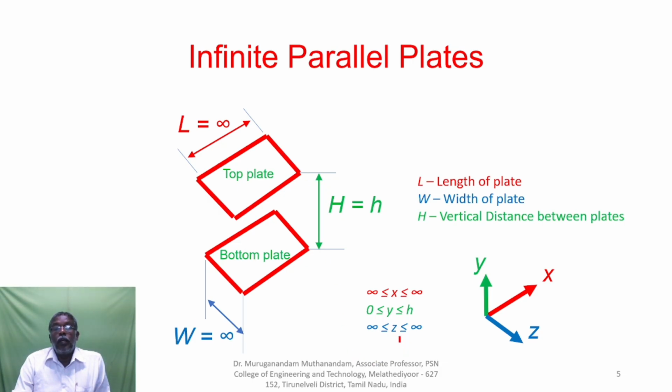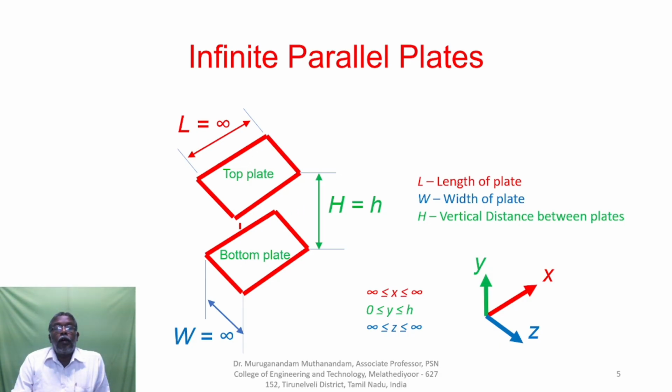Z is also varying from minus infinity to plus infinity. So that is why it is called infinite parallel plates. The fluid flow is taking place in between these 2 plates.